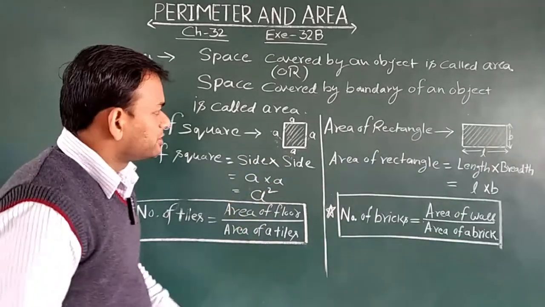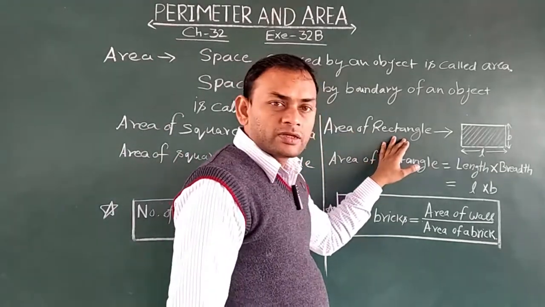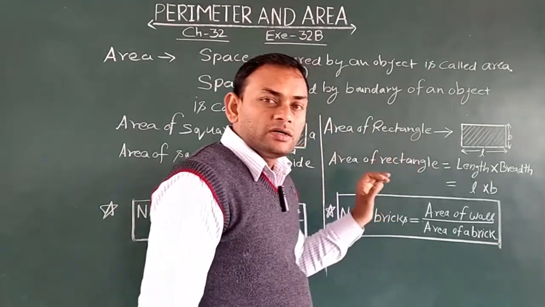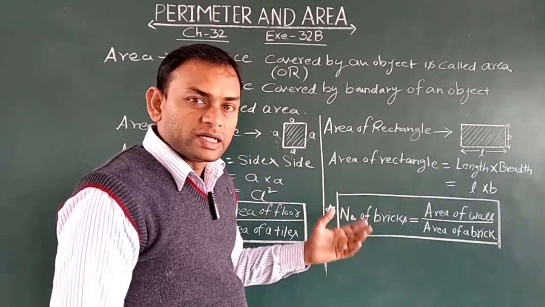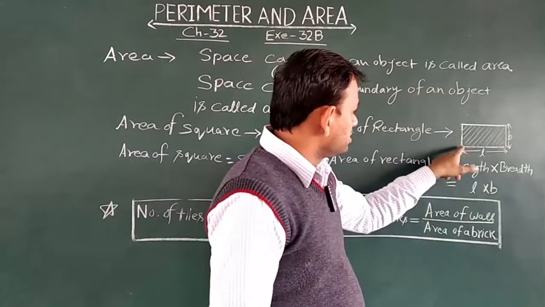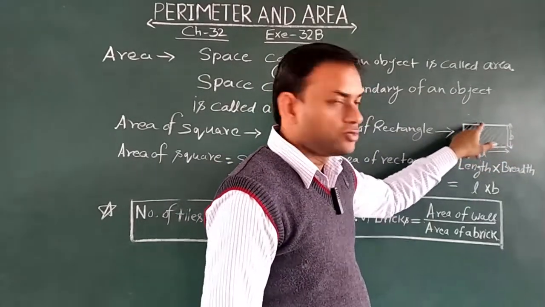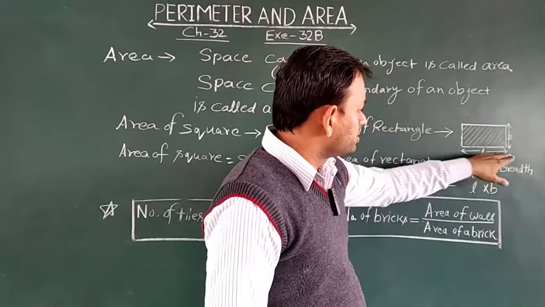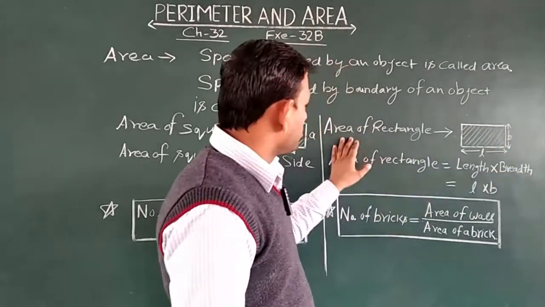Got it? Similarly, if we talk about the area of a rectangle, as I told you, the space covered by the boundary of an object is called the area. So this is the rectangle, and in a rectangle opposite sides are equal. So this is the length and breadth. And how do we get the area of a rectangle?